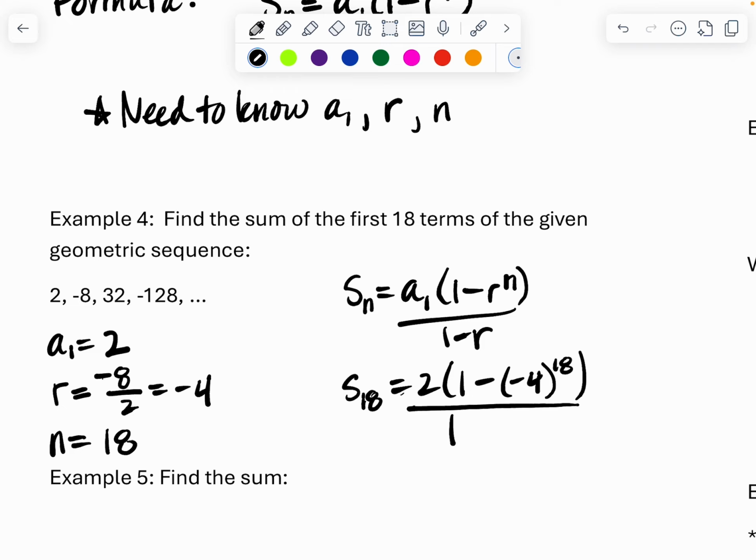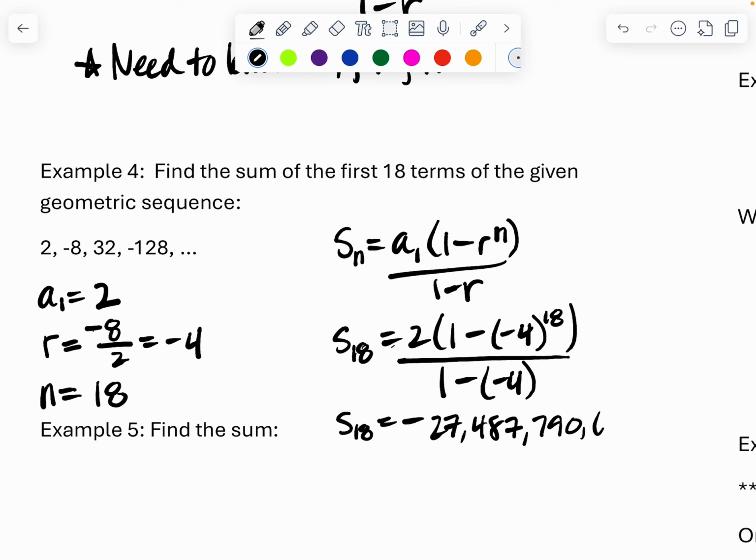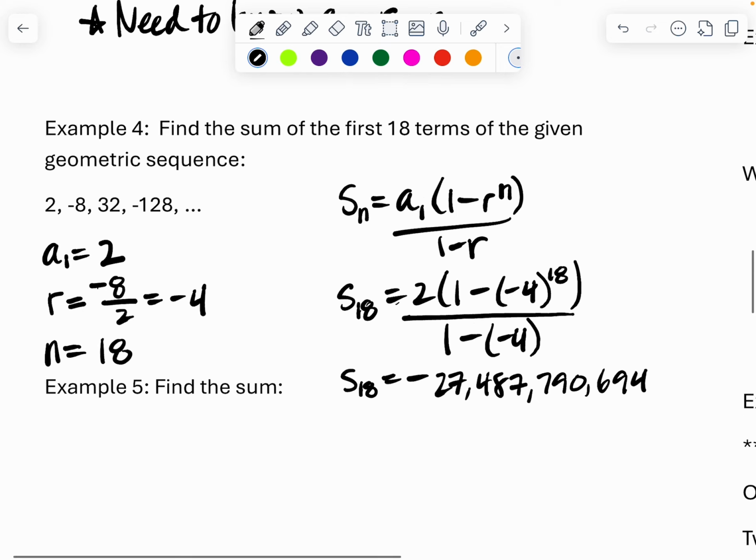And then this is going to be 1 minus negative 4. All right, so I'm going to type that into my calculator exactly as it is, and when I get done, I'm going to have a really large number. Negative 27,487,790,694. That is your final answer.